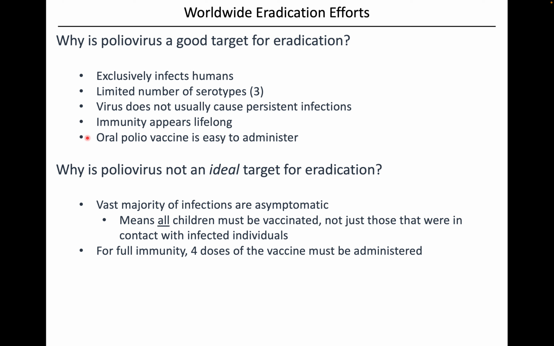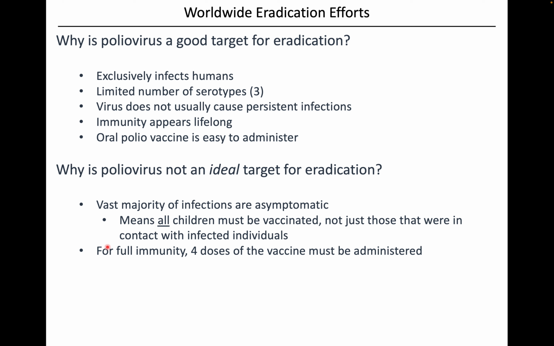But despite those positives, you do have a few negatives. One is, as we talked about in the first half of the chapter, 70+% of infections are asymptomatic, which practically speaking means you can't just do targeted ring vaccination. You really have to vaccinate all kids, or a very high percentage of children, to effectively stop the spread of the virus.